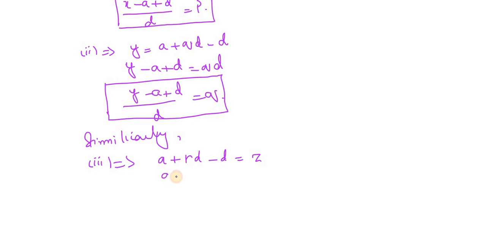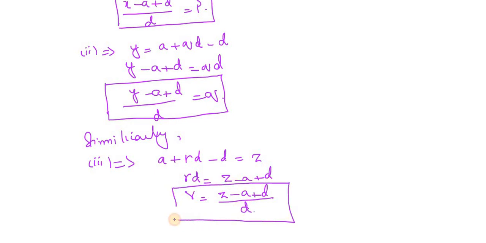So rd is equal to z minus a plus d. So r is equal to (z minus a plus d) upon d. This is the value of r from equation number 3.